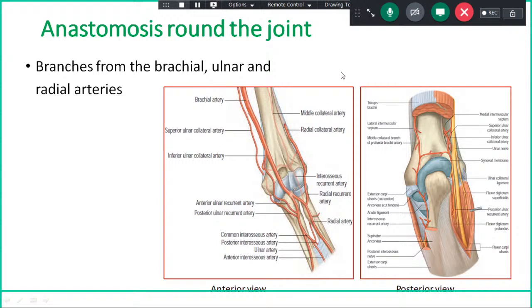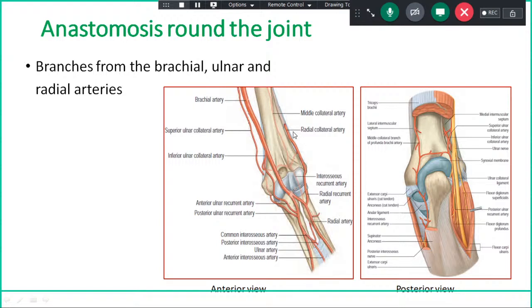When there is flexion of the elbow, there is kinking of the brachial artery, so the blood flow would be sluggish over here, and sometimes it might get blocked also. The branches given off on the lateral and medial aspects supply the distal part of the forearm, so the blood flow would be continued. If it is blocked somewhere here, the distal part of the forearm might not get enough blood.